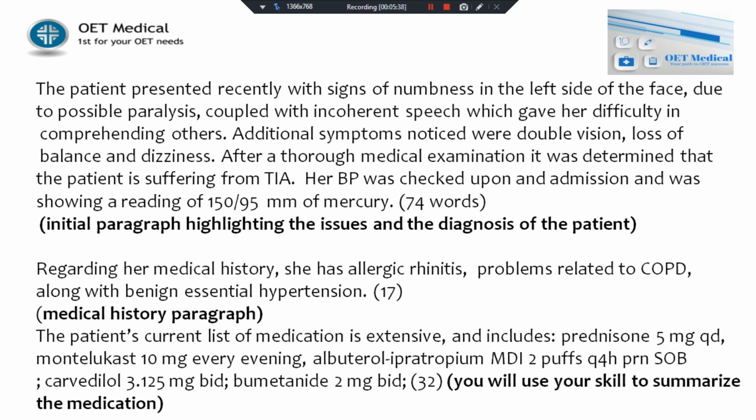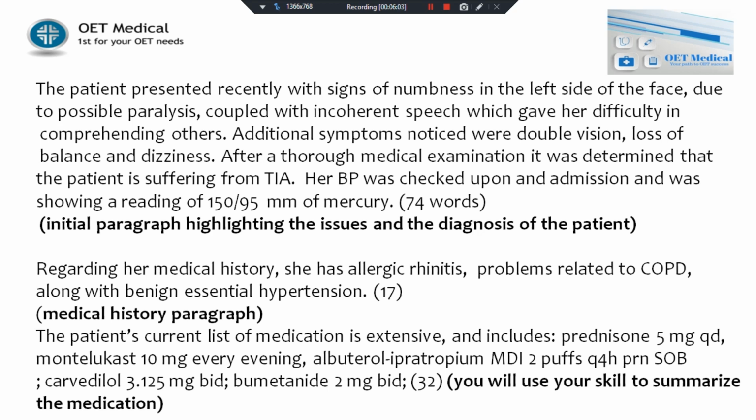Additional symptoms noticed were double vision, loss of balance, and dizziness. After a thorough medical examination, it was determined that the patient is suffering from TIA. Her BP was checked upon admission and was showing a reading of 150/95.